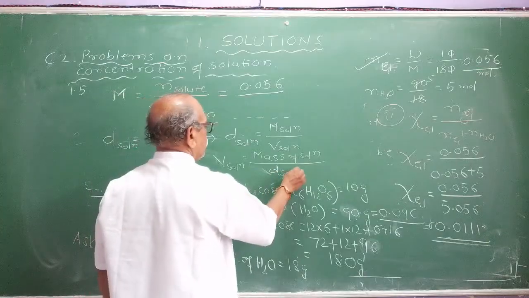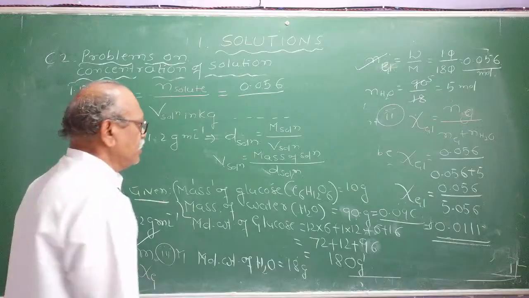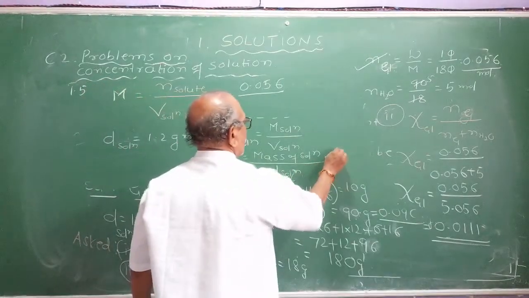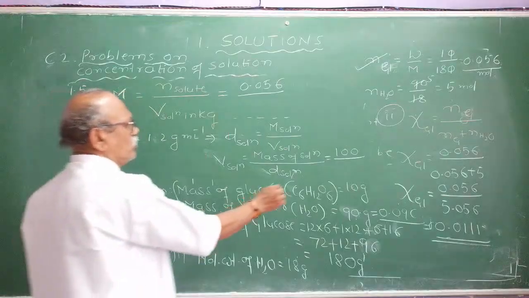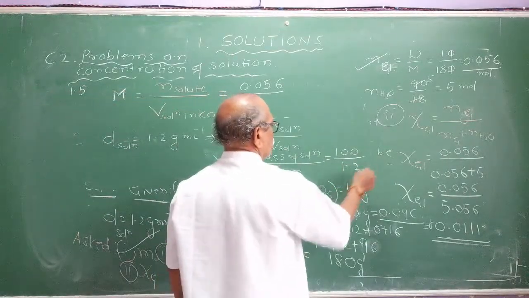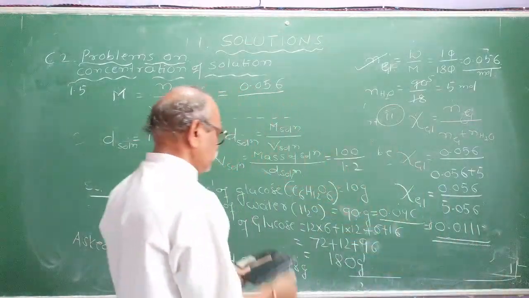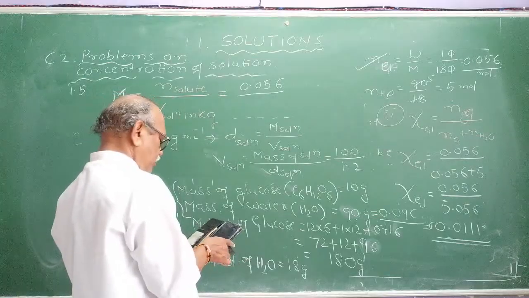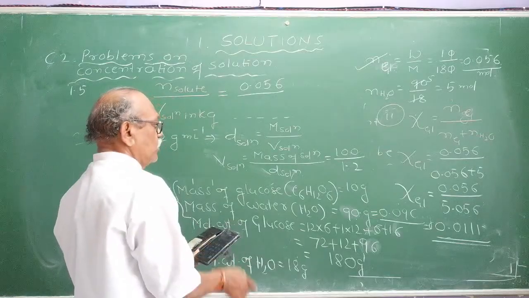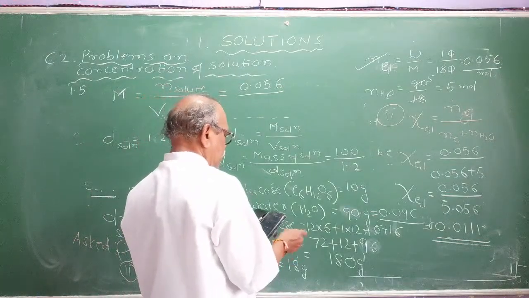Now you can easily get the values, right? The mass of the solution is 100 divided by density of the solution, 1.2. Just divide 100 by 1.2 and you can get the answer.